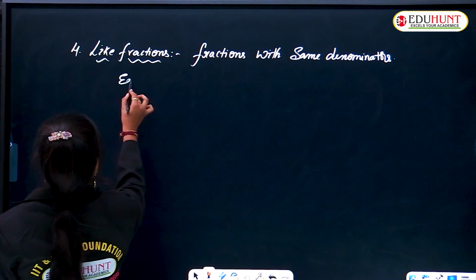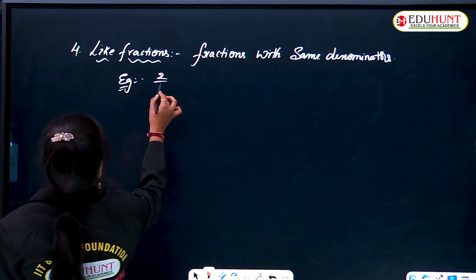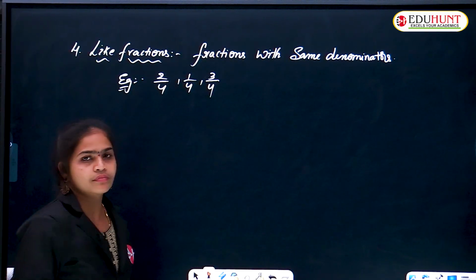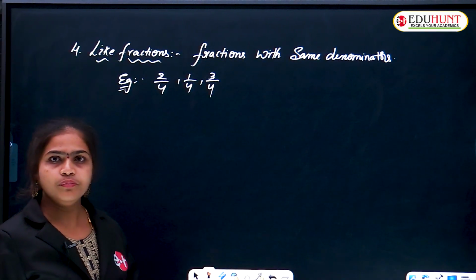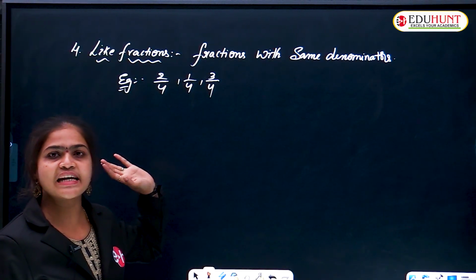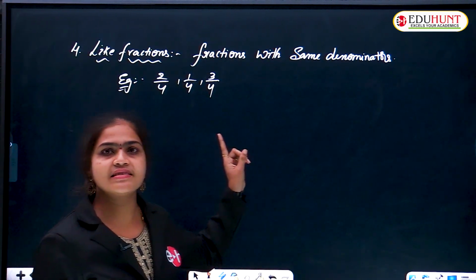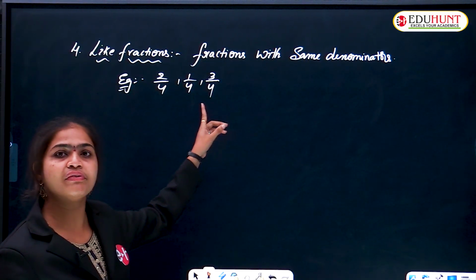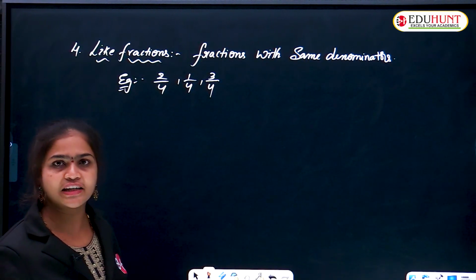Now see the example: 2 by 4, 1 by 4, 3 by 4. Same denominators only, no? First denominator 4, second denominator 4, third denominator 4. In this set of fractions, all the denominators have the same value. If all the denominators are the same, then we call those fractions like fractions.